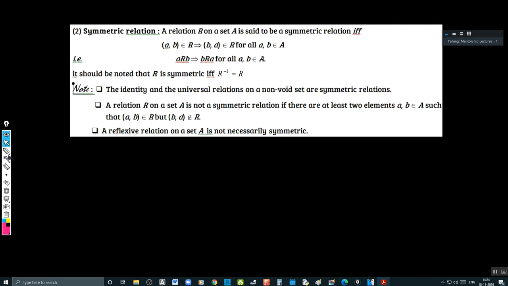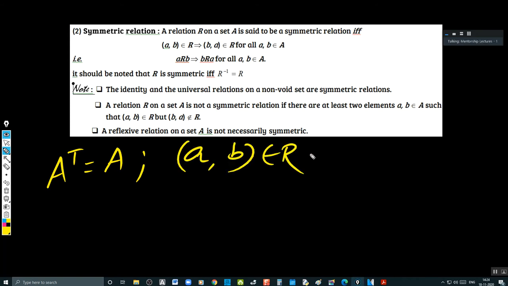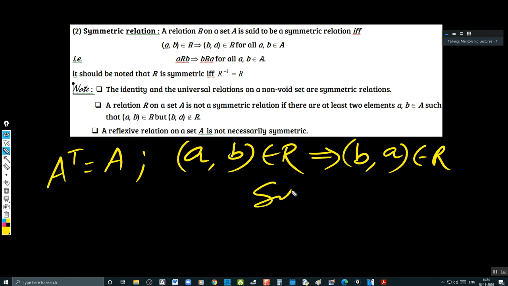Symmetric relation, this also I explained. I have taken an example also. Matrix का example लिया था matrices में. A transpose is equal to A, that is called symmetric matrix. Symmetricity means (a,b) belongs to R implies (b,a) belongs to R, then it is symmetric.